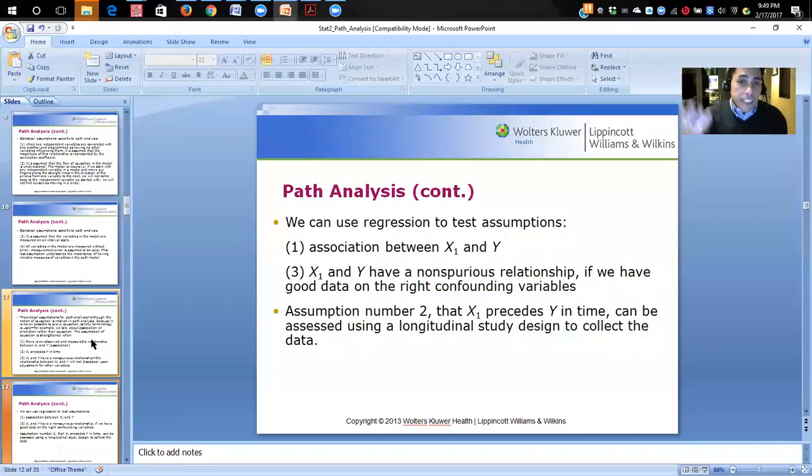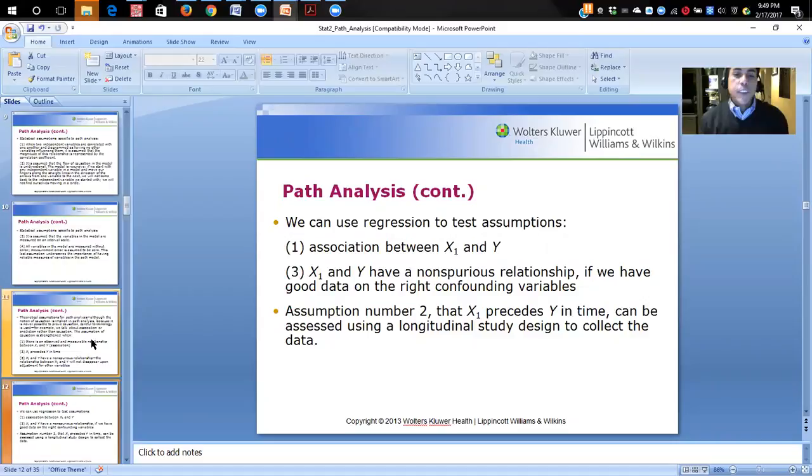And then when we do path analysis, you also simultaneously look at whether the independent variable and dependent variable have a non-spurious relationship, which means that there are no confounding variables, no other variables that we missed in our measurement.